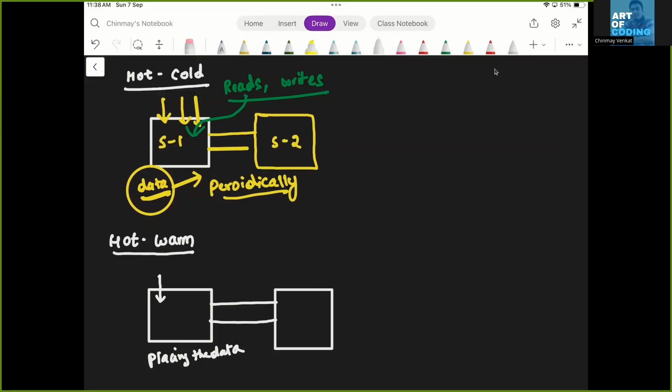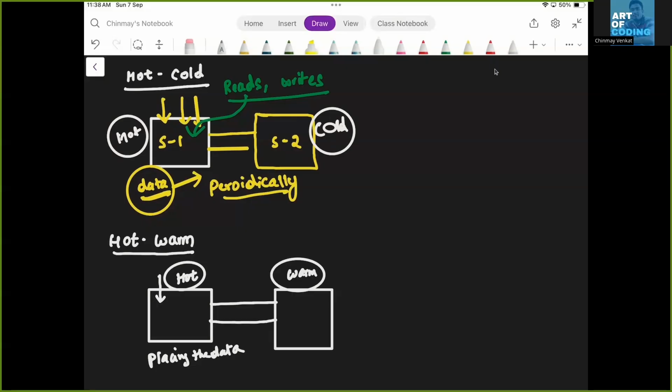This is called hot warm architecture. That means server one is hot and this one is in the warm state. Similarly, this is completely in the cold state because data will be transferred periodically. The hot state is immediately available here.